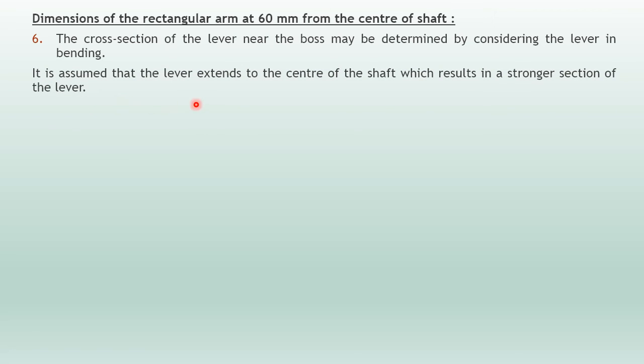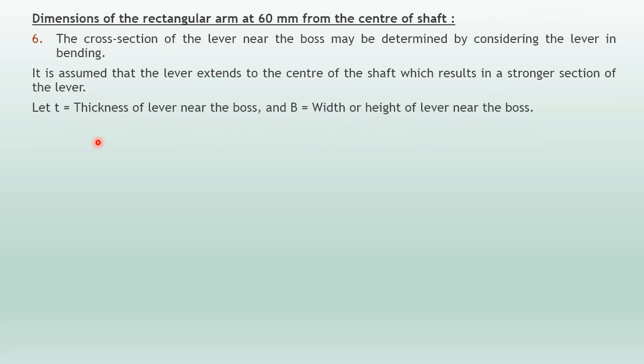It is assumed that the lever extends to the center of the shaft, which results in a stronger section of the lever. So let T be the thickness of the lever near the boss. Don't confuse this with the small t, the thickness of the boss.